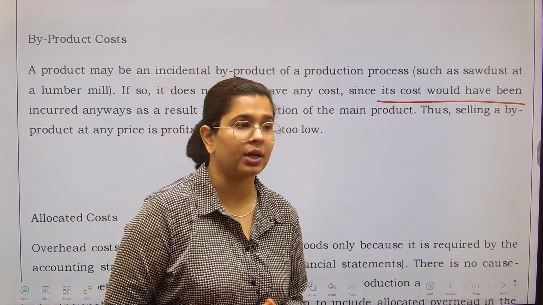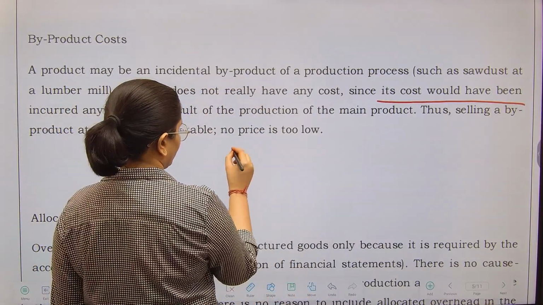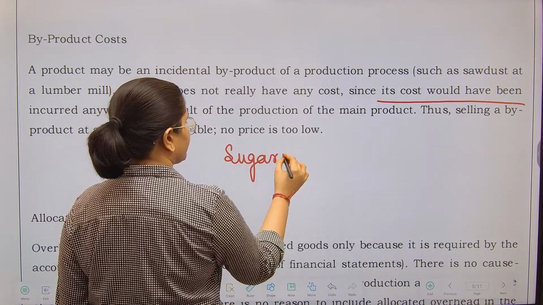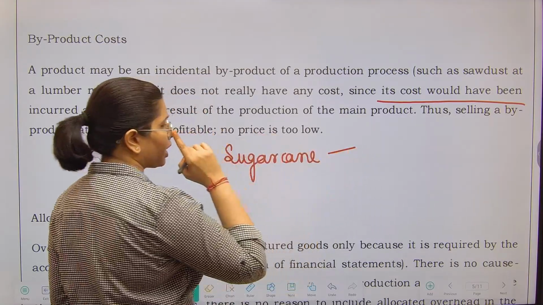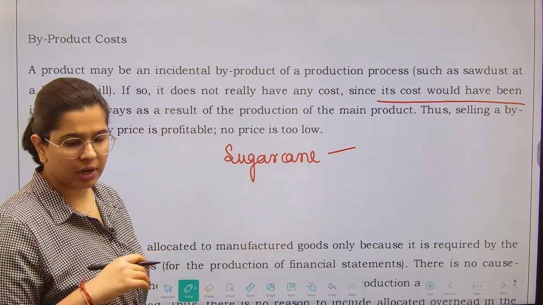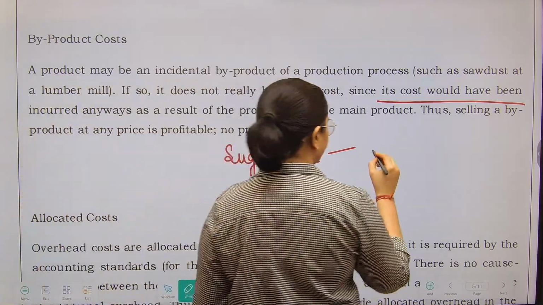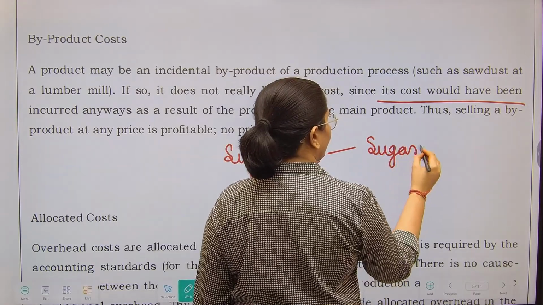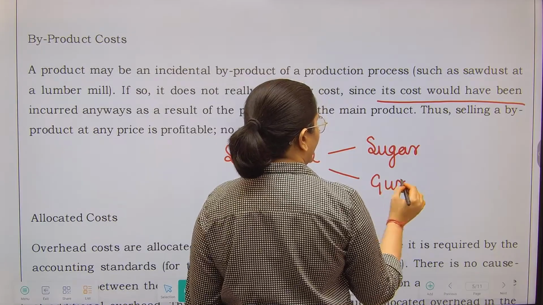What we are talking about over here is the byproduct. What is a byproduct? See, in the production of sugar, you have sugar cane, right? When you take the sugar cane into production, you get different kinds of products. So you get sugar, you get gud, right? Fine.